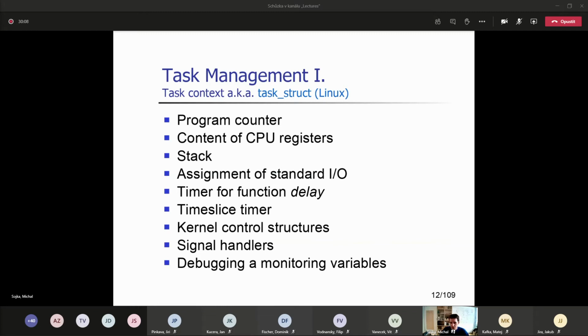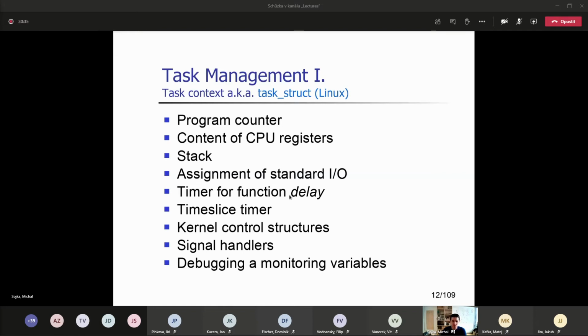Then there is a stack pointer. Each task needs to have a stack because this is where the function parameters and return address are stored. So this is how CPUs basically work. And then there is some operating system related functionality, like a timer for function delay.